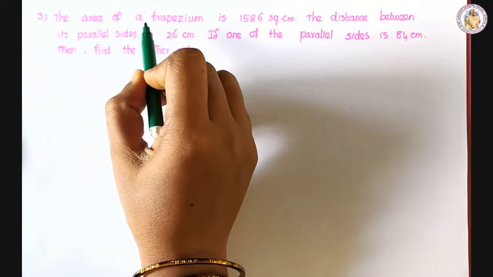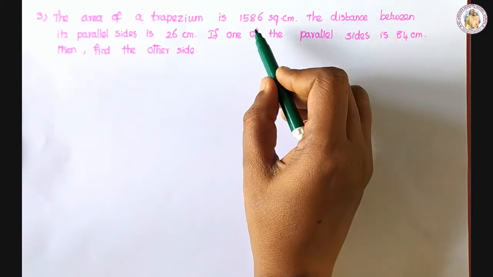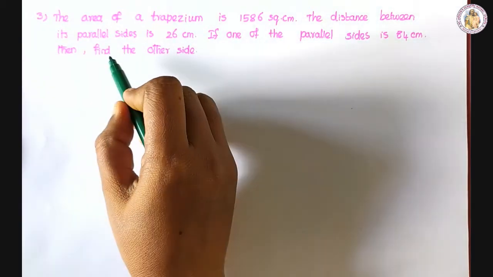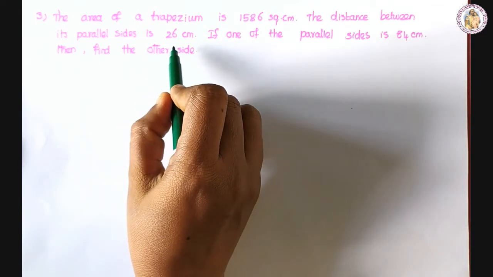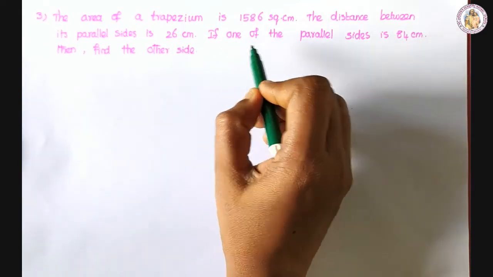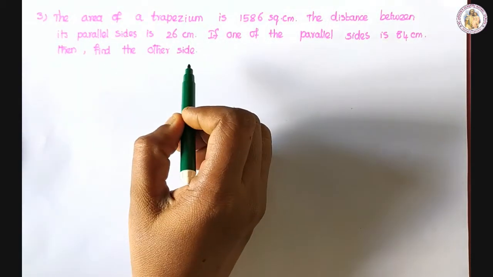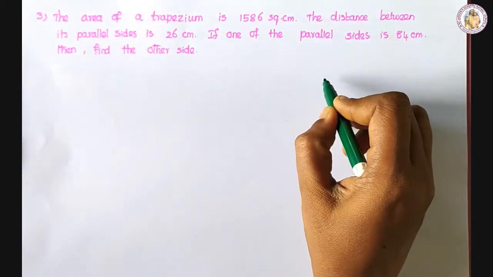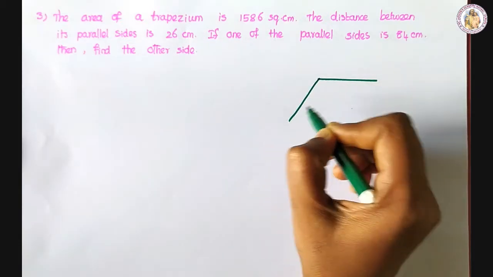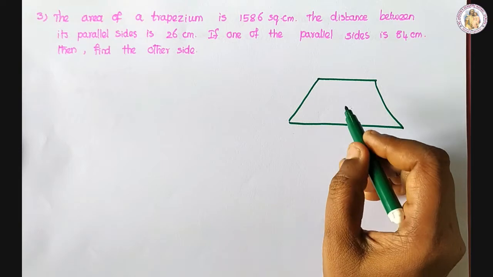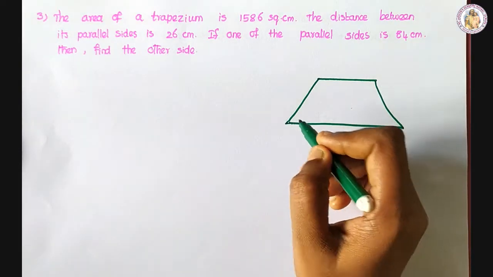Third sum, the area of a trapezium is 1586 square centimeter. The distance between its parallel sides is 26 centimeter. If one of the parallel sides is 84 centimeter, then find the other side. Listen. Imagine this is a parallelogram.